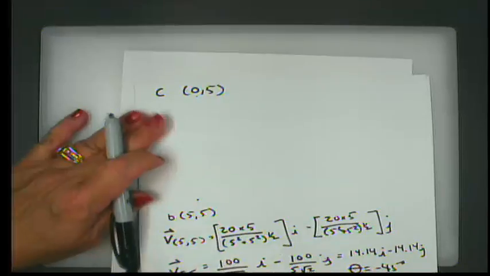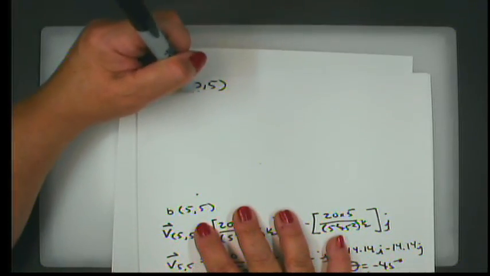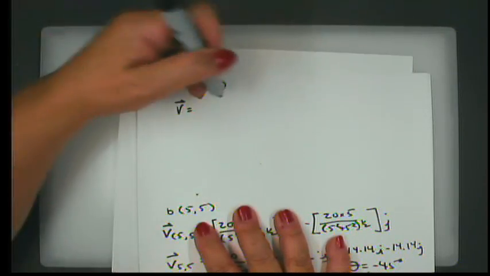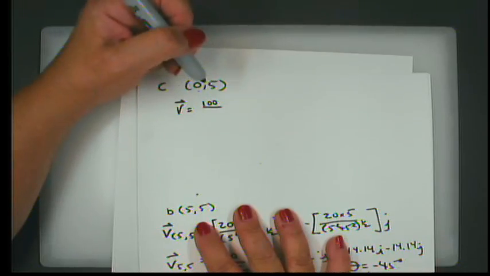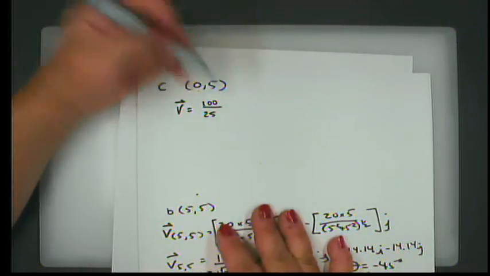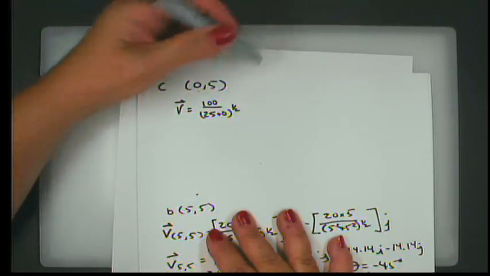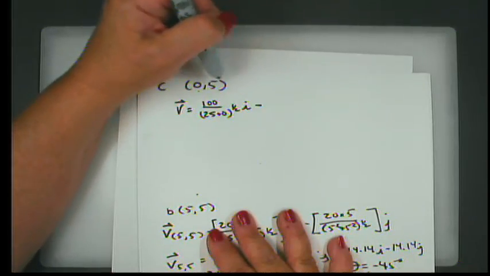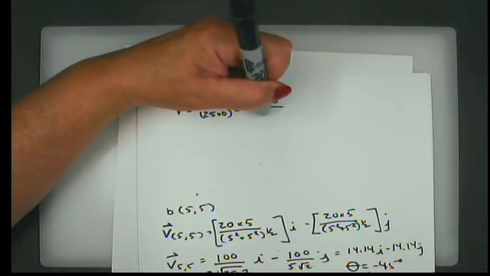All right, so going back to my original equation, we have the velocity is equal to 20 times y, which is 100, right? 20 times 5 is 100, over x squared, 0 squared, plus 5 squared, square root. And then that's I minus, my original equation is that I would have negative 20x, so it's 0 over something.